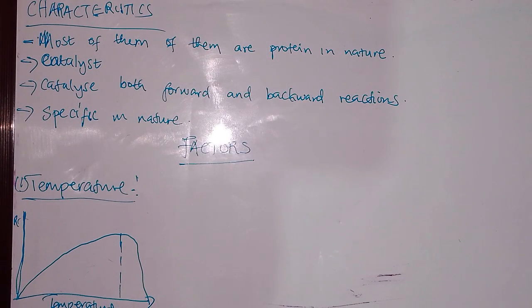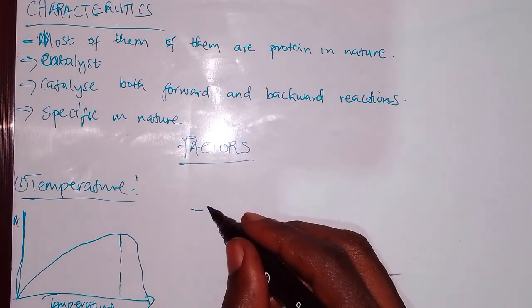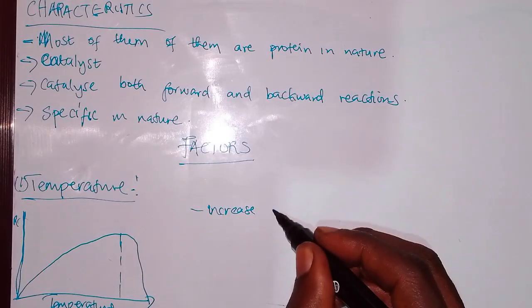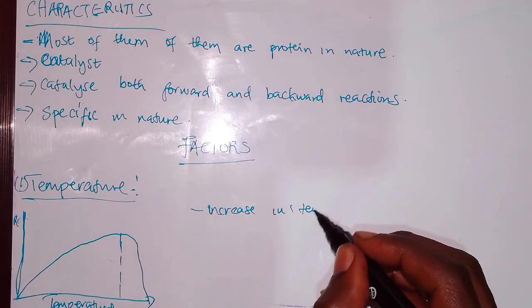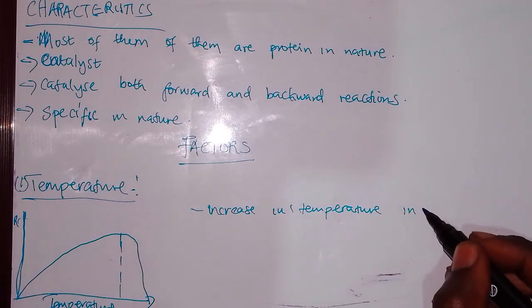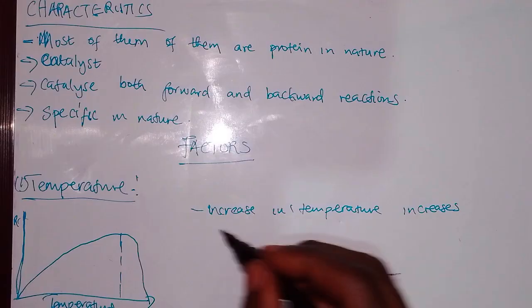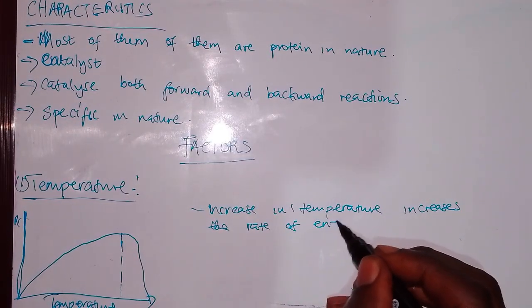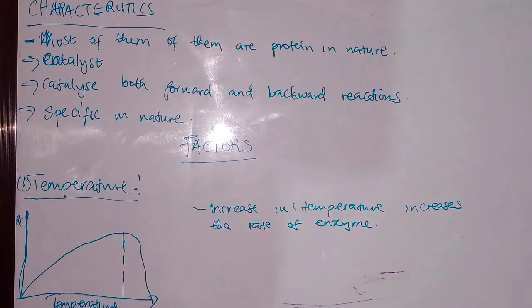The first thing is that an increase in temperature increases the rate of enzyme action. So that's the first point you need to understand on temperature. Whenever you increase the temperature, you increase the rate of enzyme action.